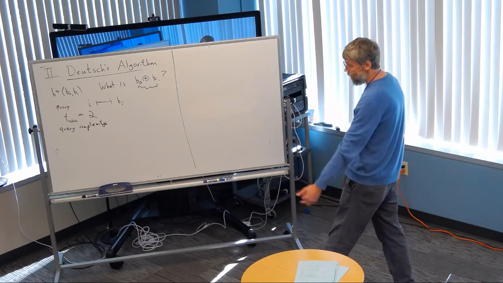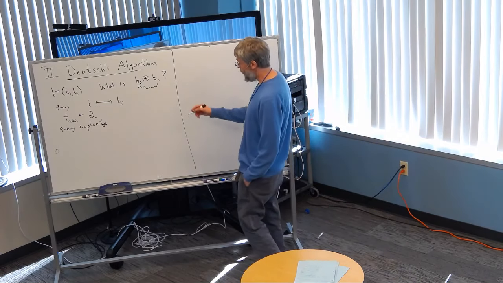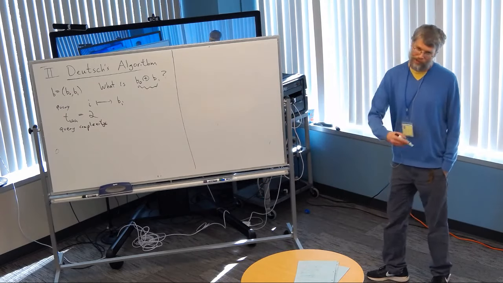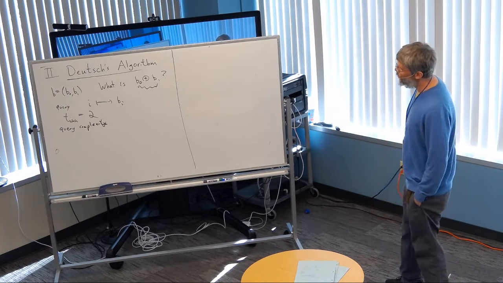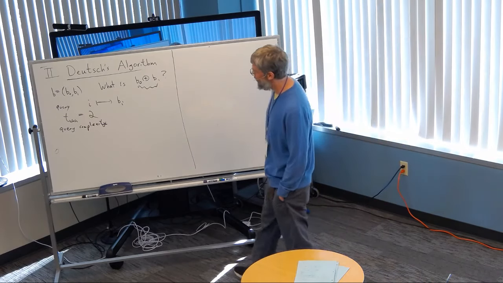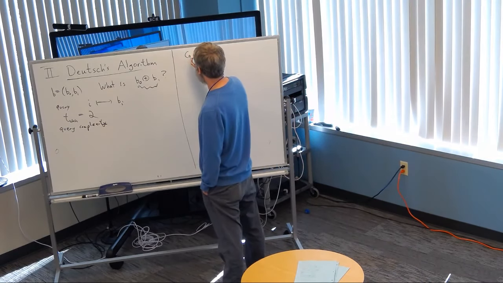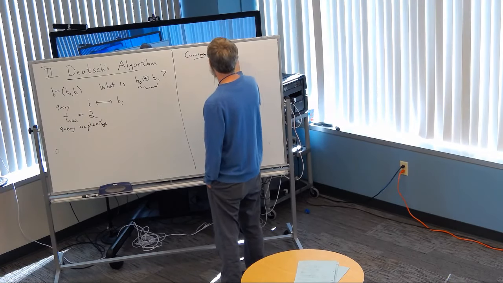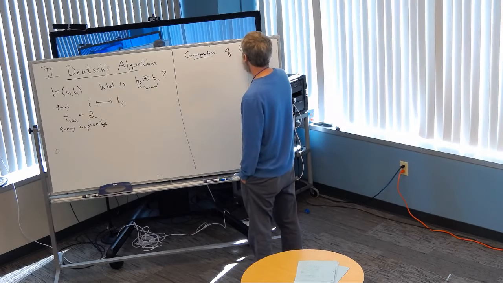For every such classical learning problem, there's a corresponding quantum learning problem. I'm going to try to show you how that works, and hopefully show you that we can do better quantumly than classically. So here's the corresponding quantum learning problem.